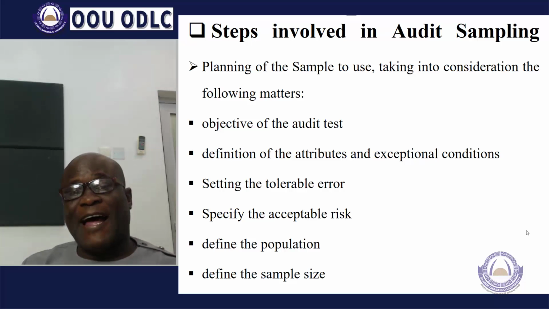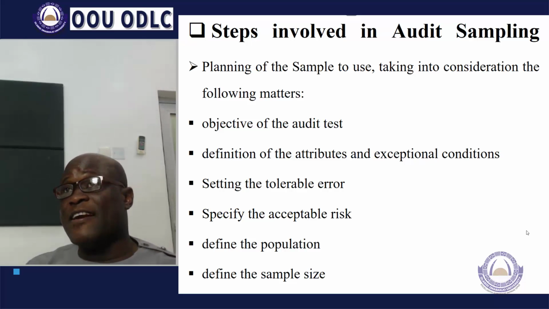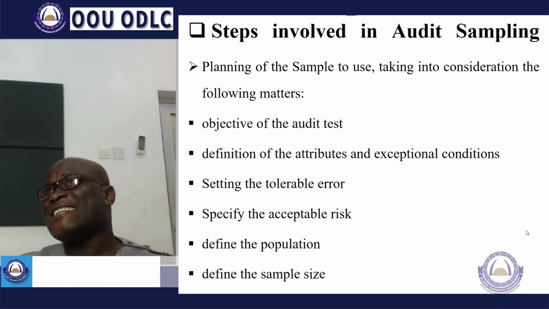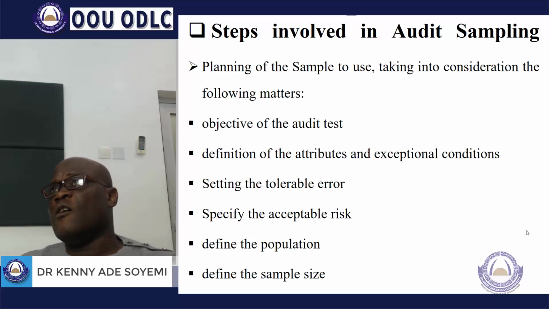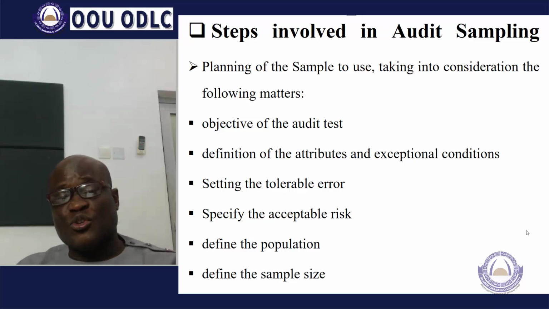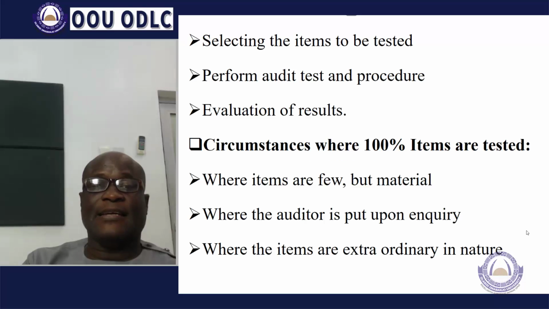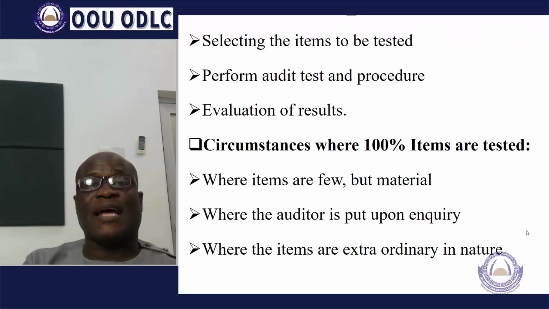Again, specify the acceptable risk. Again, define the population. Very, very key. In fact, the characteristics of the population go a long way in selecting which sampling technique you want to use. And of course, having done that, you define the sample size.